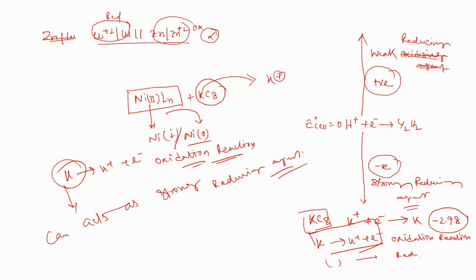There are some books, or you can search on the internet, for the reduction potential table. Whenever we see a positive value, it is a weak reducing agent, and with a negative value, it is a strong reducing agent. With this concept, I am going to discuss the Nernst equation.